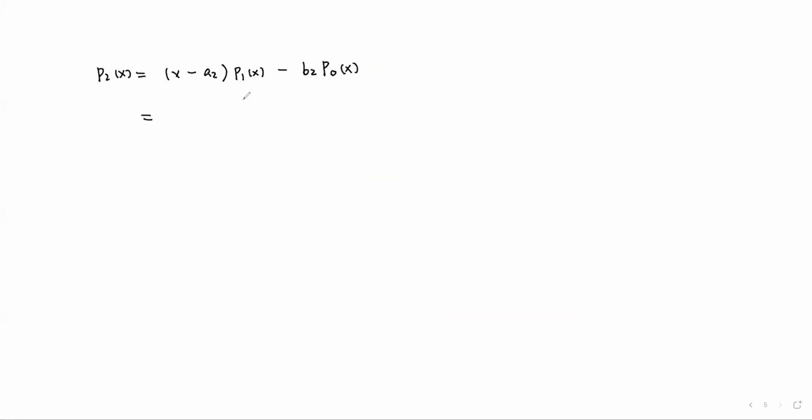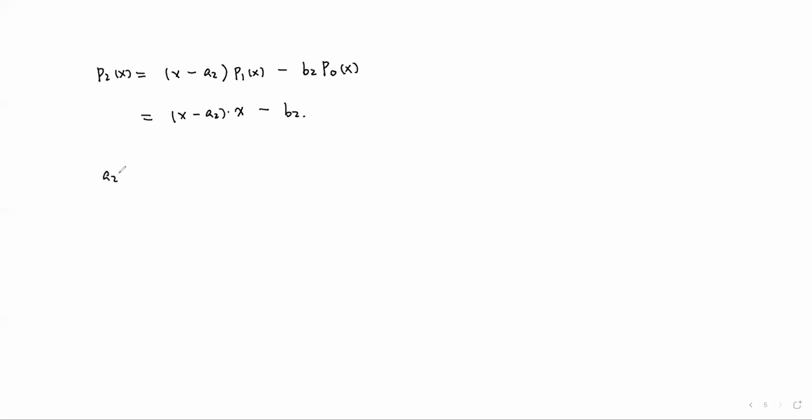P1 is x. So x minus A2 times x, minus B2 times P0, which by assumption is 1. Now let me compute A2 and B2.